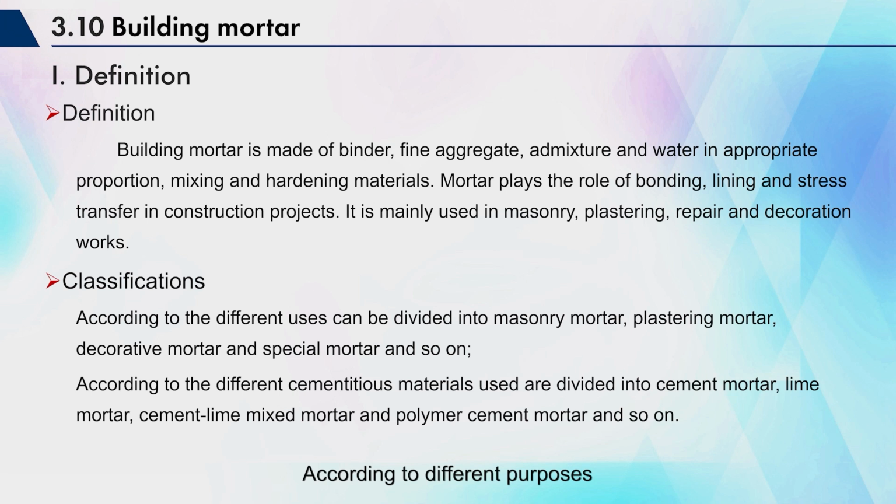According to different purposes, it can be divided into masonry mortar, plastering mortar, decorative mortar, and special mortar. According to the different cementitious materials used, it can be divided into cement mortar, lime mortar, cement lime mixed mortar, and polymer cement mortar.